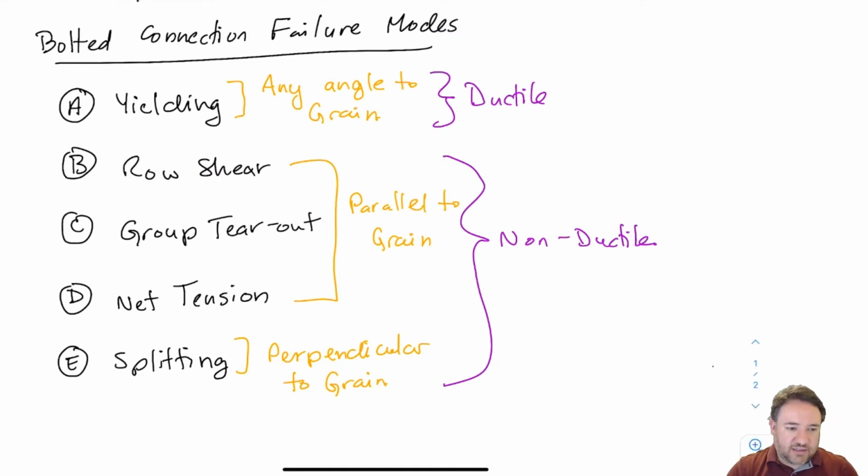That means they're not very desirable failure modes. And so, ideally, I would like to design my piece of wood to use yielding as a failure mode, if at all possible, in my connection, and we will see a bit how we can massage our connection to do that. But the standard just gives you these strengths, so the strengths apply one way or the other. So I could have another one of these failure modes governing that's not yielding, but then I should be aware that it's not going to be ductile failure.